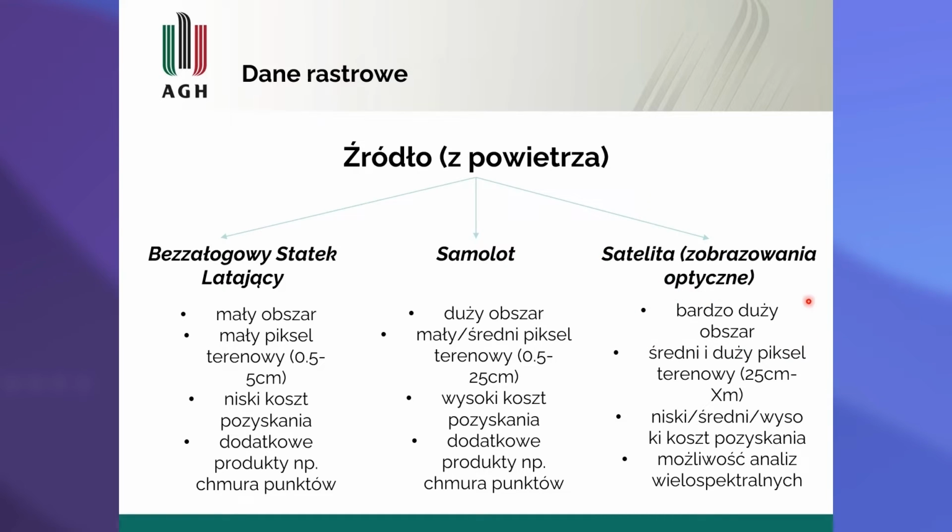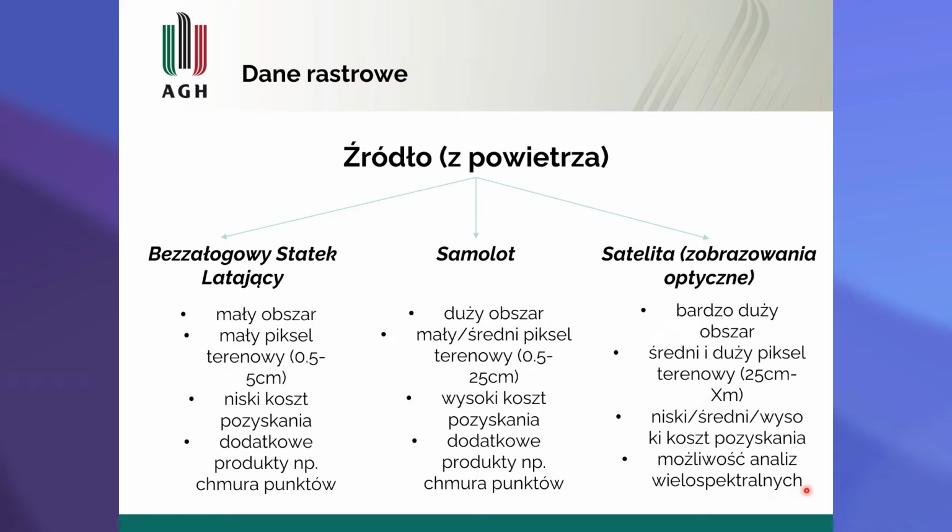I would like to focus here on satellites. They cover a very large area and have a medium-size or large terrain pixel, depending on whether the data is commercial or free of charge, and the cost of obtaining depends on this. So it can be medium, low, or high cost, depending on the size of the terrain pixel which is chosen.